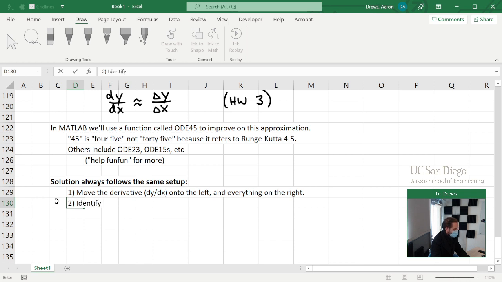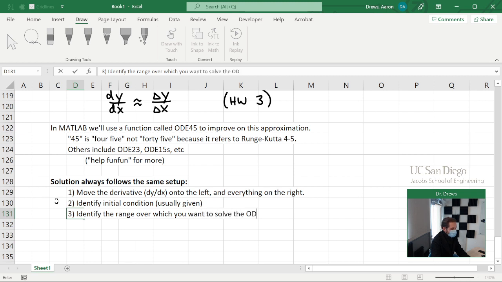You have to identify the initial condition. Usually it'll be given, but you need to make a note of it because you're going to need it. And then you have to identify the range over which you want to solve the ODE. So this is usually your starting point and your stopping point, and it's also usually given.